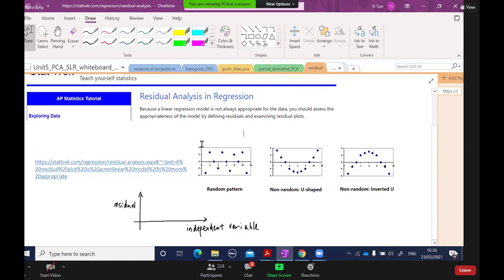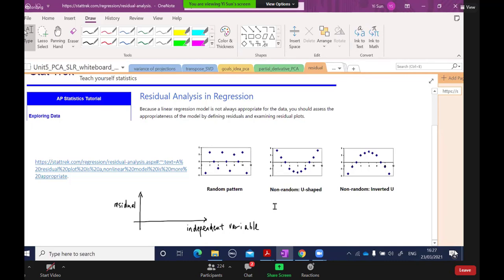If the points in the residual plot are randomly dispersed around the horizontal axis, a linear regression model is appropriate for the data. Otherwise, if you see any shape in the residual plot, it says the model you have used is not good enough to fit your data.